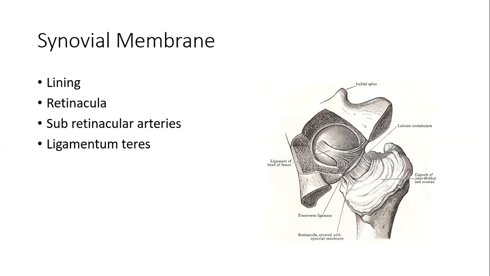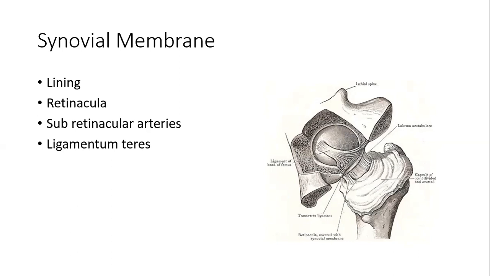Which is why fractures of the neck of the femur are of great clinical significance, because in case of fracture of the neck of the femur, these retinacular arteries will be disrupted, leading to avascular necrosis of the neck and head of the femur, the intracapsular part of the upper end of the femur.